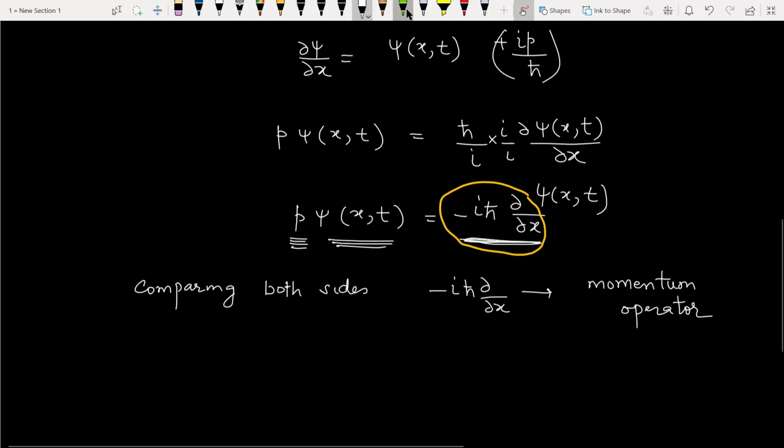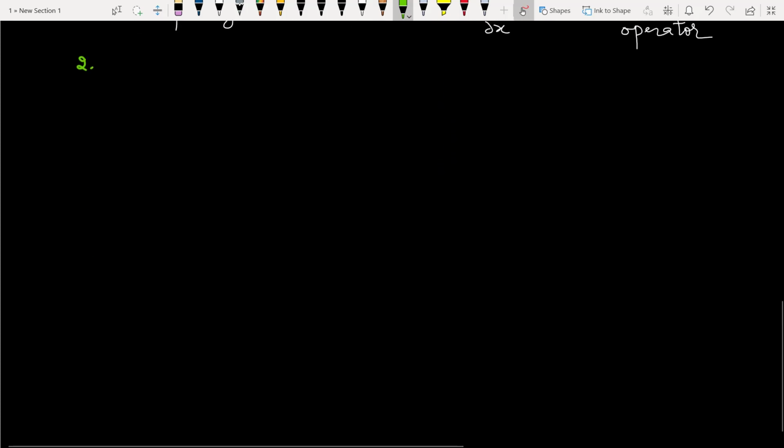The second kind of operator used in quantum mechanics is the energy operator.